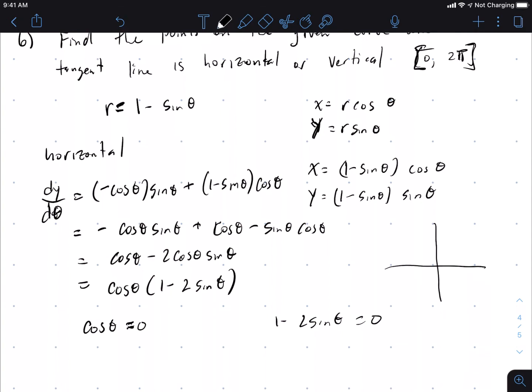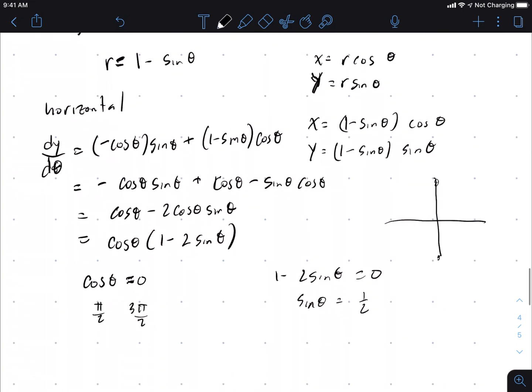So for cosine to be 0, we need to be up here and here, right? Yeah. Okay, so that means we're going to get pi over 2 and 3 pi over 2. And since we're only from 0 to 2 pi, that's what we're going to get, right? Yeah. And then over here, I'm going to get sine theta is equal to 1/2. So when does that happen?